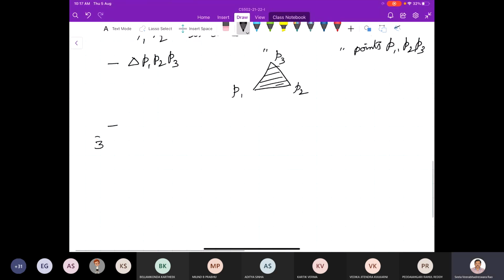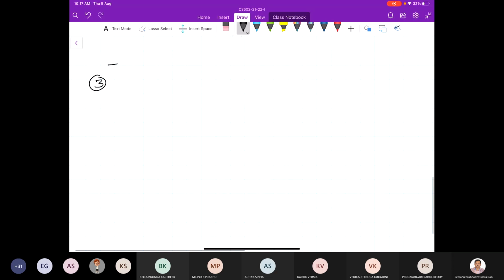Now the next thing is another definition. Suppose a set of points is given to us. Assume that P1, P2, up to Pn, n points are given to us. These points can be in one dimension or two dimension or three dimension.